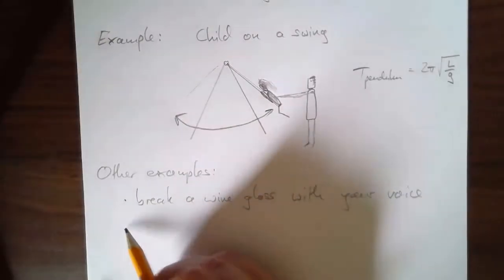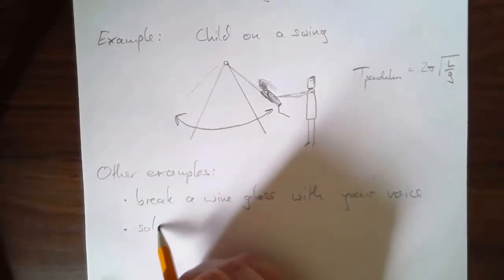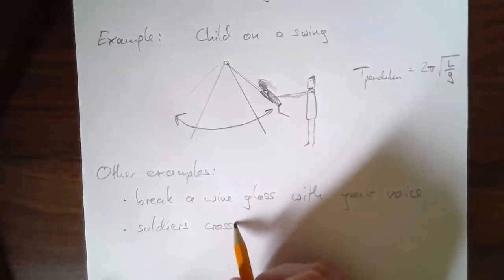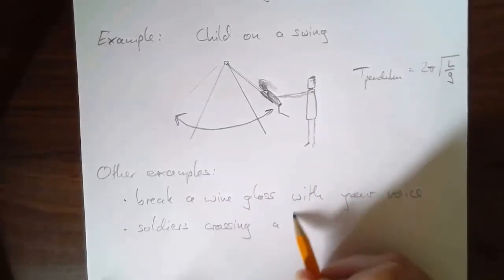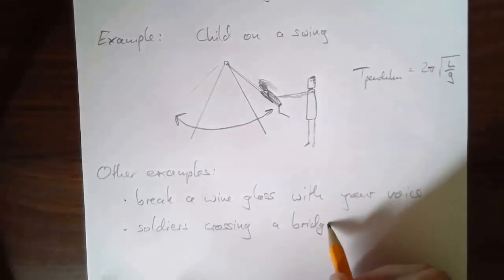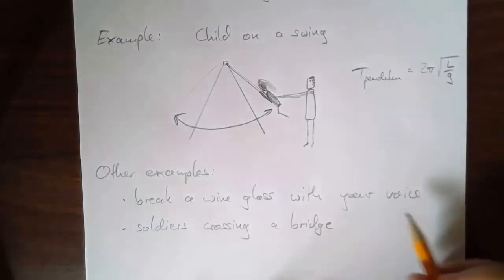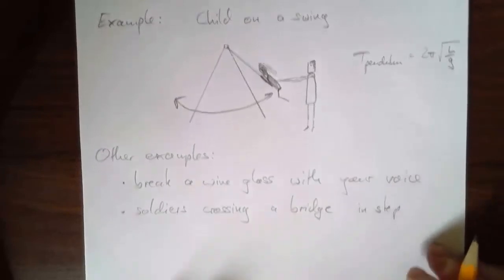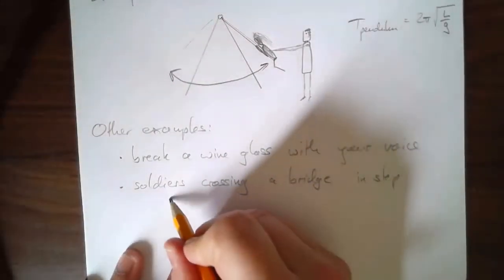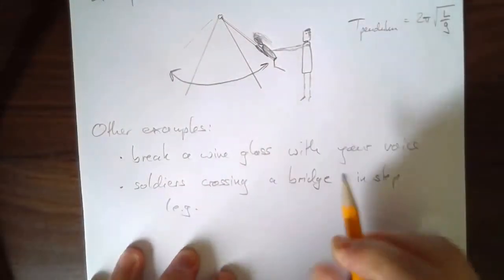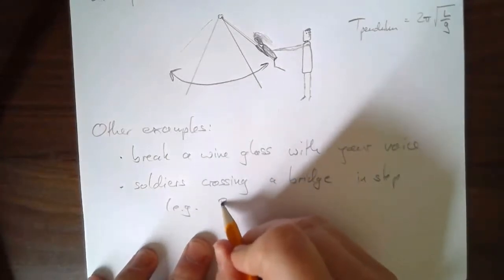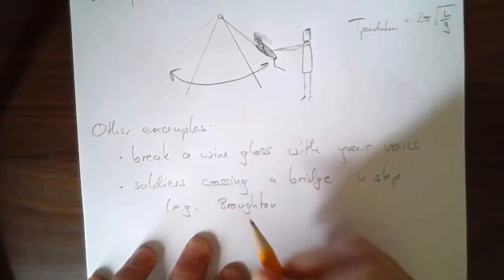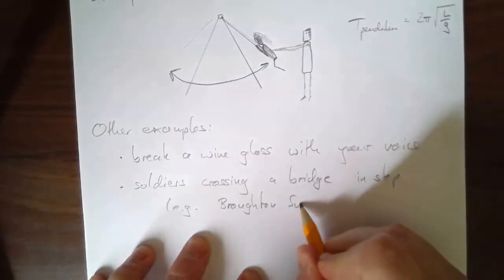Another example is soldiers marching in step, crossing a bridge. There are cases where soldiers marching in step made the bridge collapse. If you want to look that up, I think the most famous example is the Broughton suspension bridge.